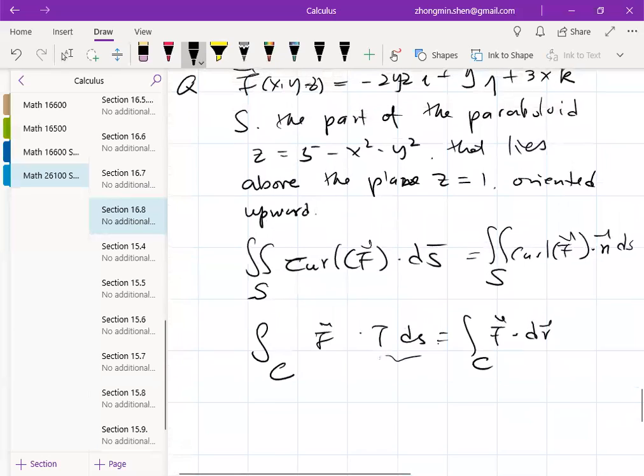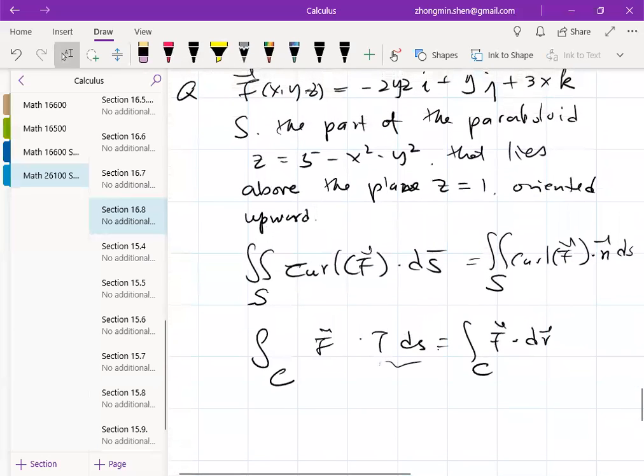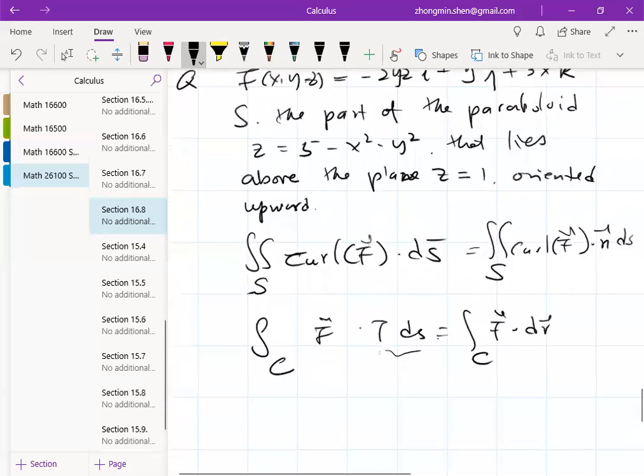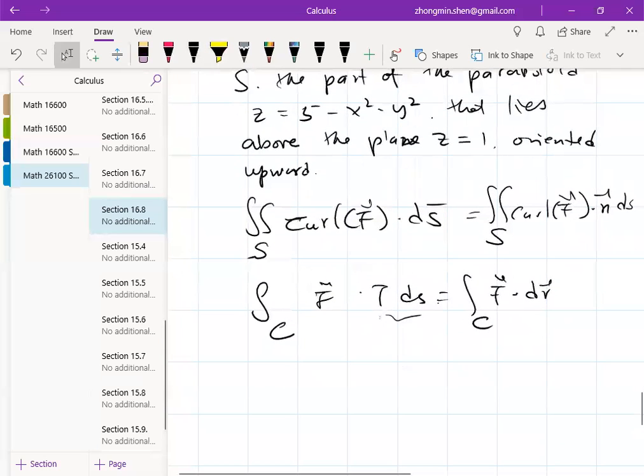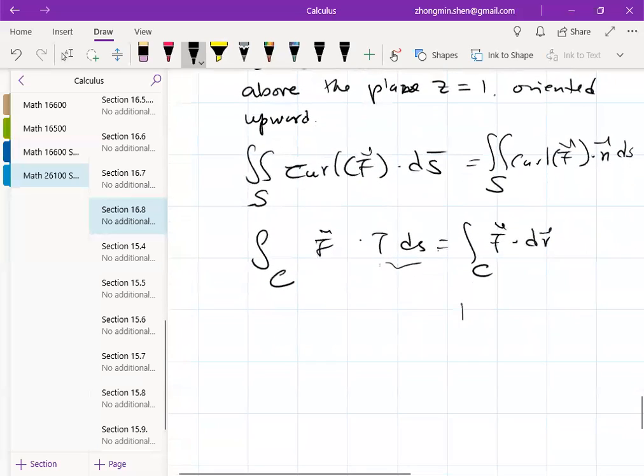If we are asked to evaluate this surface integral, now what I have to do, that's a good example, right? So you draw the picture first.